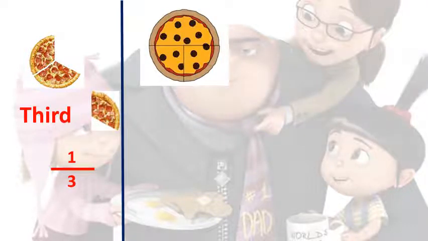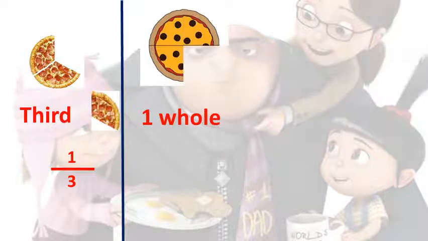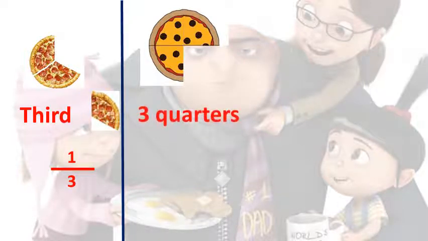Here I have a one whole, and I also cut it into 4 equal parts. But one part disappeared. How many parts do I have left? Let's count. 1, 2, 3. So we call it 3 quarters because 1/4 disappeared.